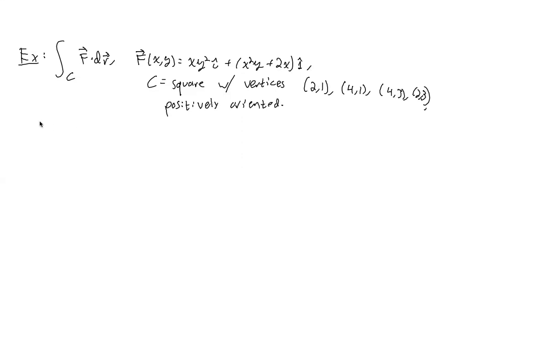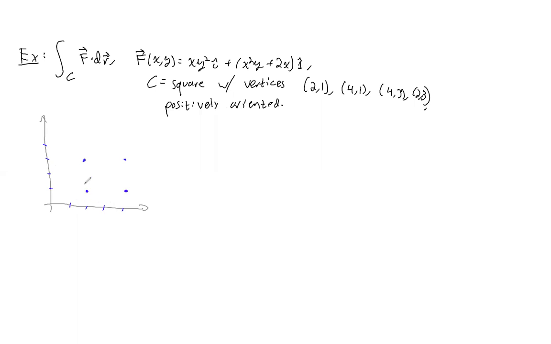Again, it's always a good idea to draw a picture to try to get as good an idea as possible of what the scenario is. So in this case, this would be (2,1), (4,1), (4,3), (2,3).